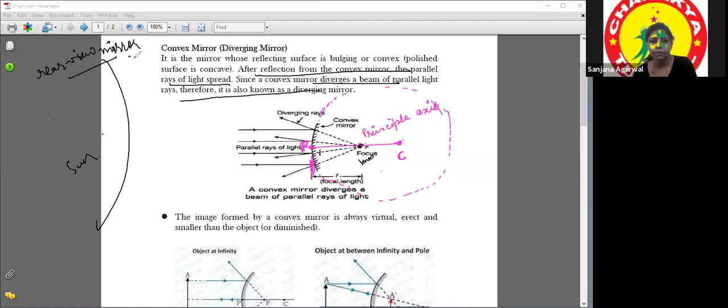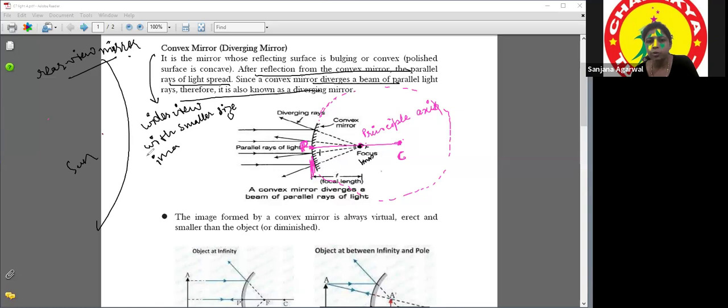Note down this line. Convex mirror gives a wider view. Please write down, with small size images.